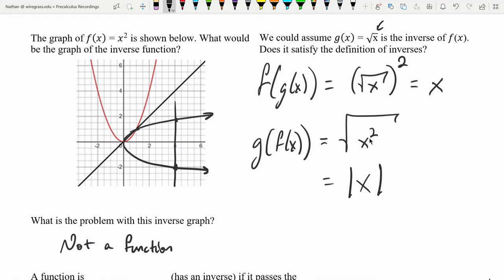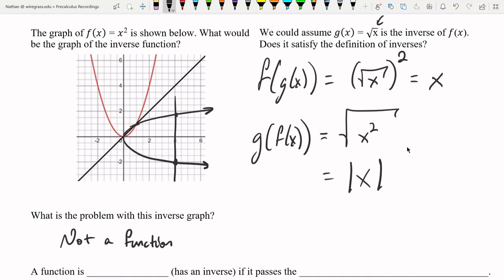That's because everything underneath the square root is being squared, and when we take a square root of it, it'll always give you the positive answer. But that's not true if we want to have full inverses, right? The square root of x squared should just give you x, but it will only ever give you the positive result. If you were to graph the g of x here, the square root of x, you're going to only get this portion of the line.